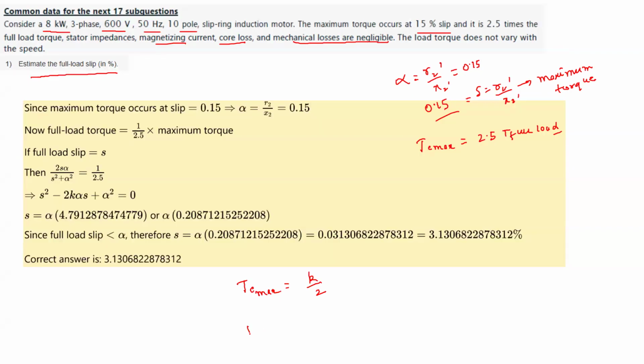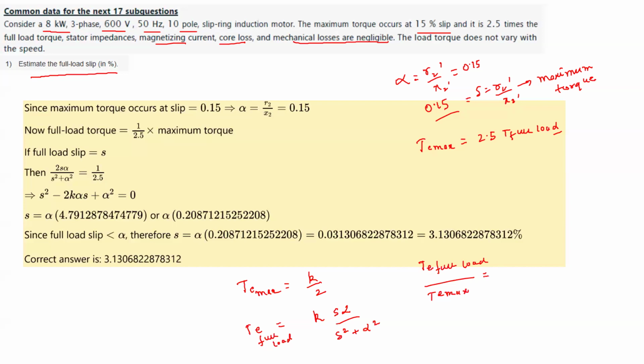Let us say we are interested in full load. If we calculate for s, then whatever value of s we get is for full load. Now let us take the ratio of T full load by T max.